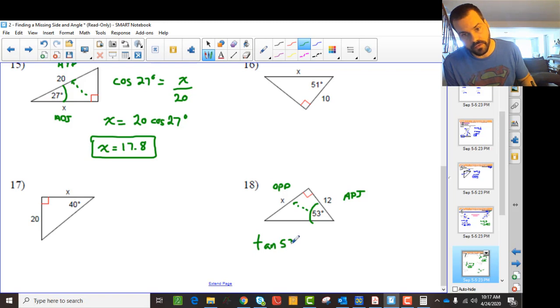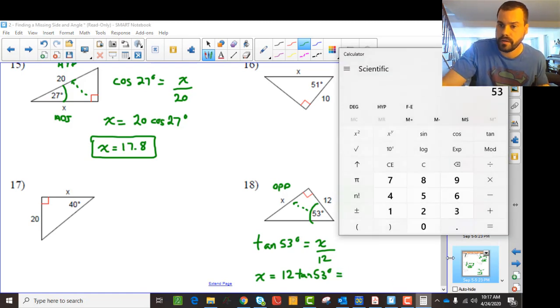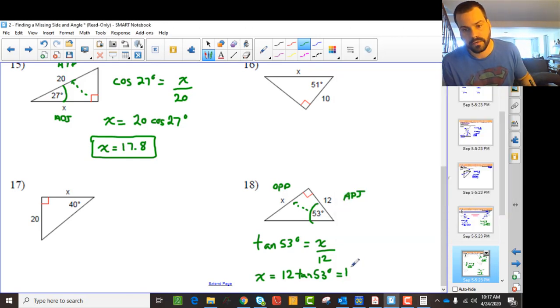So I get tangent of 53 is the opposite side, which is x, over the adjacent side, which is 12. Again, x is on the top, so I'm going to multiply. So it's 12 times the tangent of 53. And if I do that, I go 53, I hit tan, and then I multiply by 12, and it comes out to 15.9. So that's what I'm going to round it to.